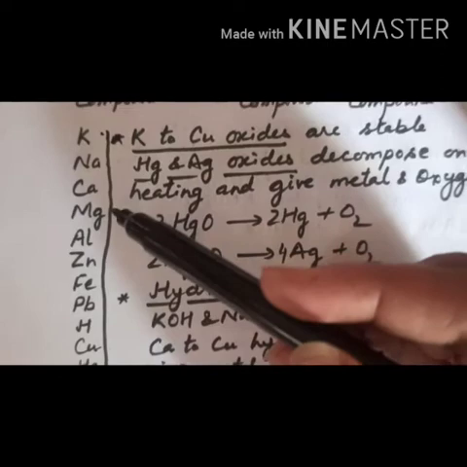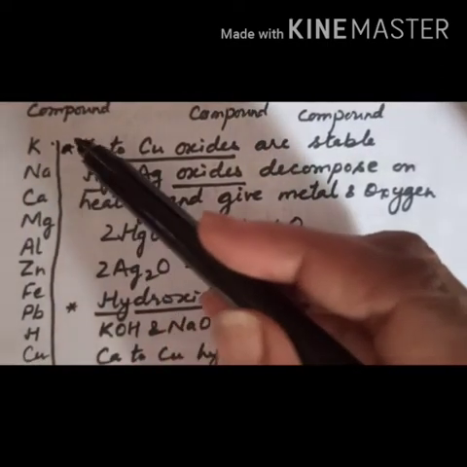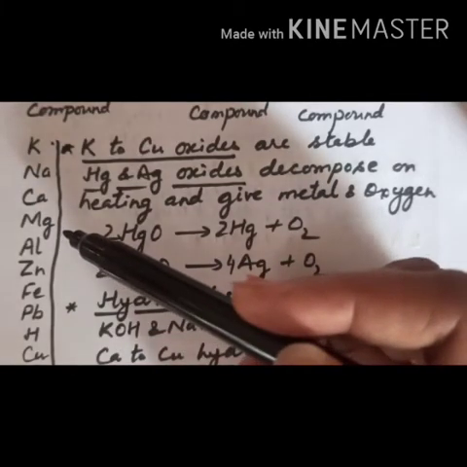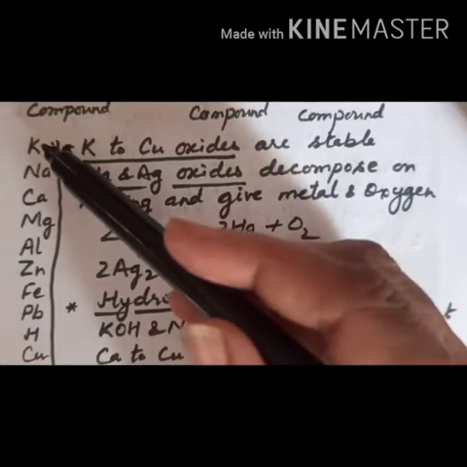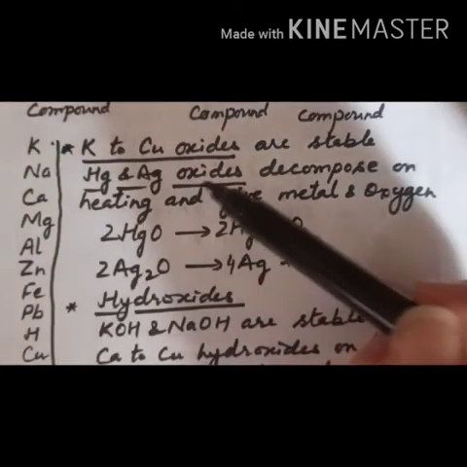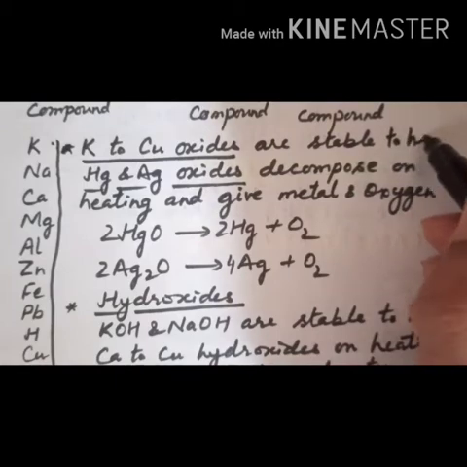Right. So first we will talk about metallic oxides. What happens when metallic oxides are heated? First, potassium to copper oxides are stable to heat.